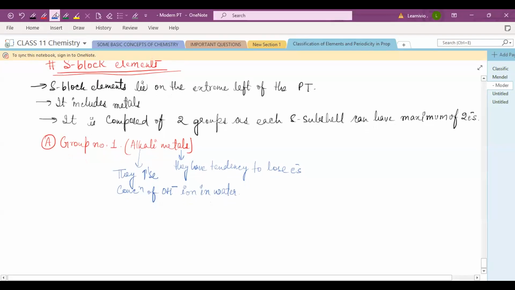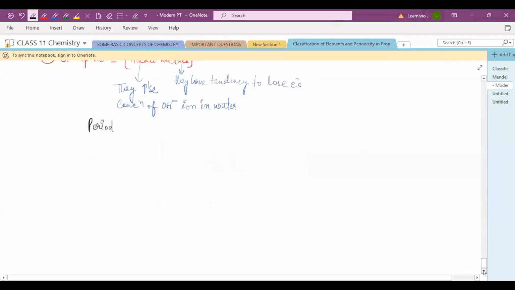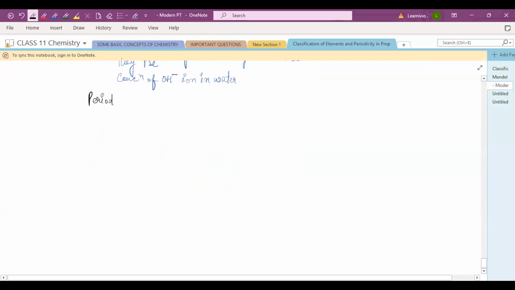I'm writing here: hydrogen, lithium, sodium, potassium, rubidium, cesium, and francium. Atomic numbers: hydrogen 1, lithium 3, sodium 11, potassium 19, rubidium 37, cesium 55, and francium 87.